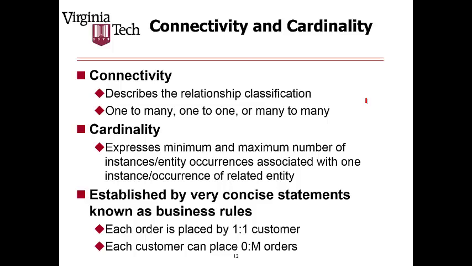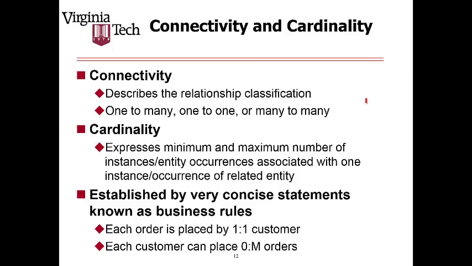When we have two entities that are related to each other, we say that one instance of entity A is related to how many instances of entity B. It can be related to 0, 1, or many instances of entity B. So this idea of connectivity is defining those relationships among the entities.